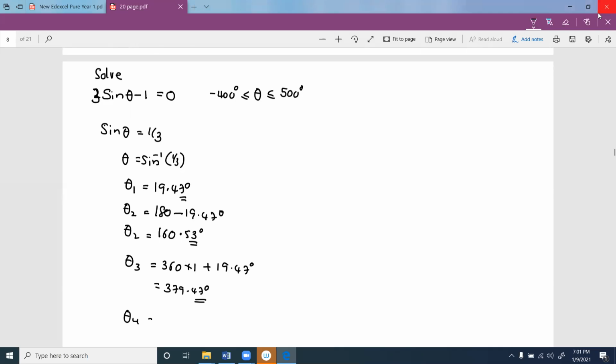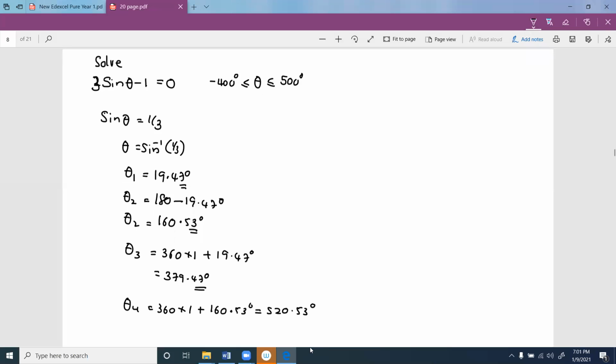Theta 4 is 360 into 1 plus the second angle 160.53, that is 360 plus 160.53, which is 520.53. Here our range maximum is 500, so this value is out of range. No need of working with this.